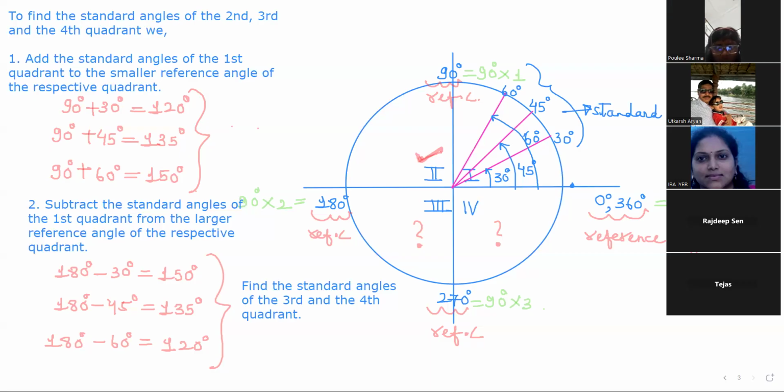Okay. Answers. Very good, Tejas. Wow, Ira also answered. Very good, Ira. Rajdeep, very good. Where is Polly? Polly, where is your answer? Shabash. Very good, kids. You can start making notes.